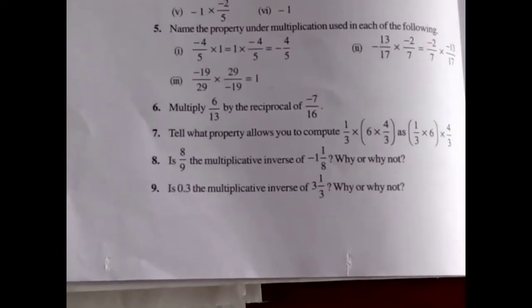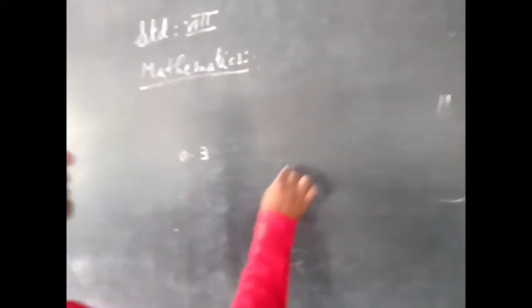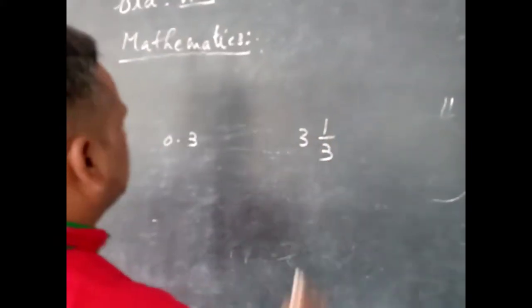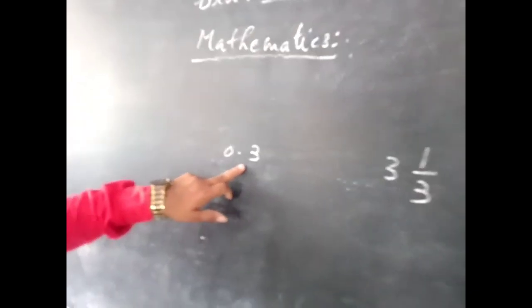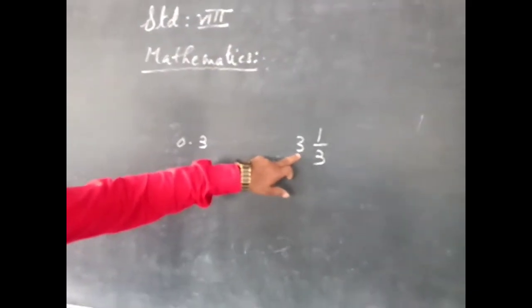Is 0.3 the multiplicative inverse of 3 integer 1 upon 3? Let's see. 0.3 and 3 integer 1 upon 3. See here, we have two different forms: 0.3 is a decimal and the other is a mixed fraction.